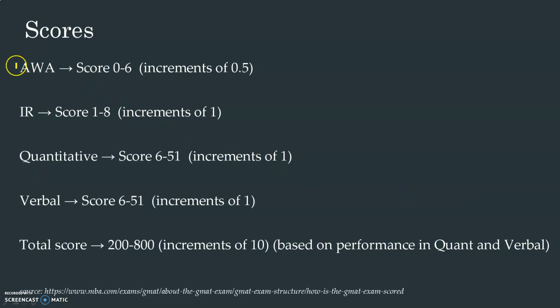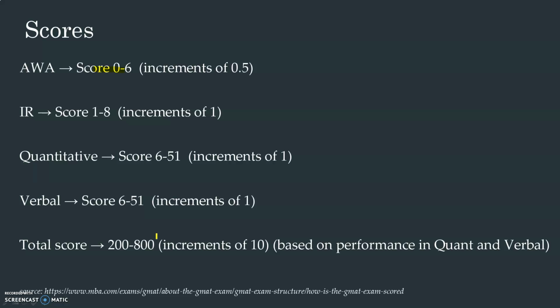Now, just to look at the scores once again, the writing assessment part is scored on 0 to 6, in increments of 0.5. Integrated reasoning is scored on 1 to 8, increments of 1. Quant 6 to 51, verbal also 6 to 51. So you get 4 scores, but there is a total score as well, which is on a scale of 200 to 800. And this is what is most commonly talked about, right?